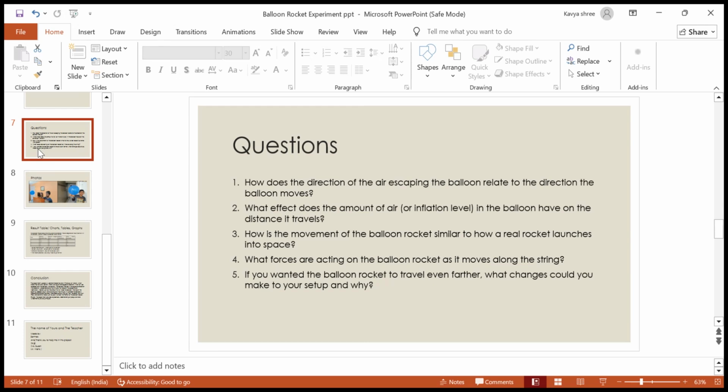Question 4. What forces are acting on the balloon rocket as it moves along the string? Question 5. If you want the balloon rocket to travel even further, what changes could you make to your setup and why? These questions are answered by using the hypothesis combined with the results.